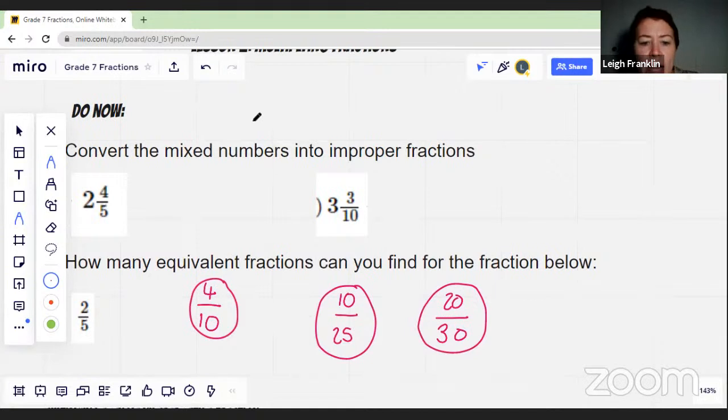Okay, so now I would like to ask, Jacob, can you please tell me what you got as the improper fraction for 2 4/5? What did you end up with as an answer, Jacob? You can either pop it into the chat or you can unmute your mic. It's up to you.